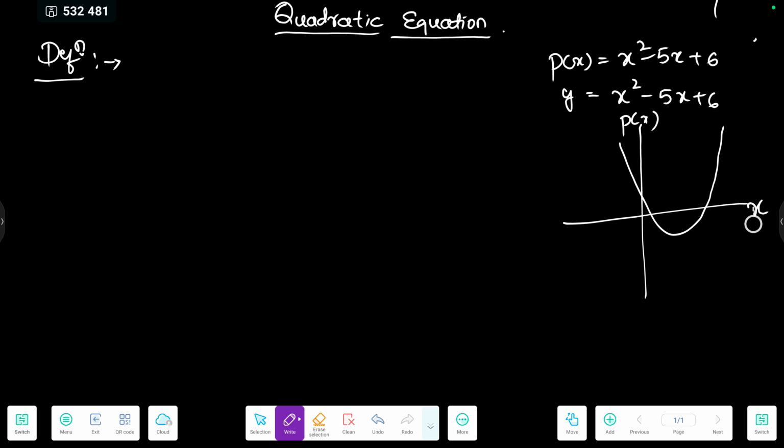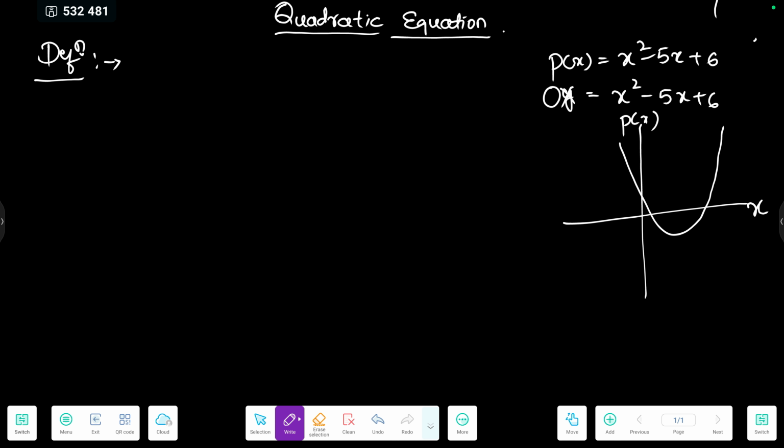Now when I change this in place of y, which equals 0, if you put any value of x, it will not satisfy LHS equals RHS.